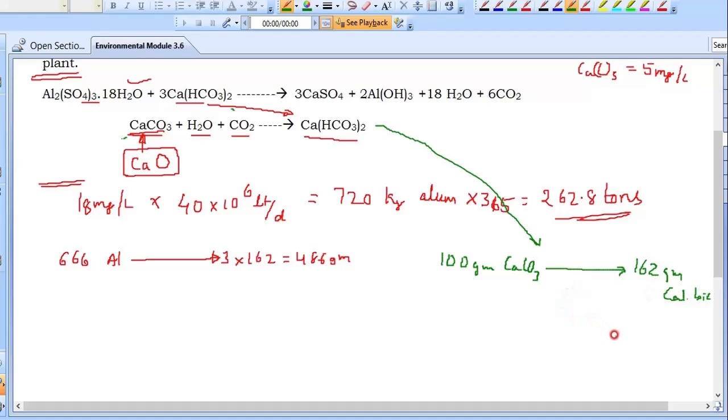Then how much calcium bicarbonate do I want? 486 gram of calcium bicarbonate I want. For 486 gram of calcium bicarbonate, if you consider this X, then you will get the answer 300 gram.